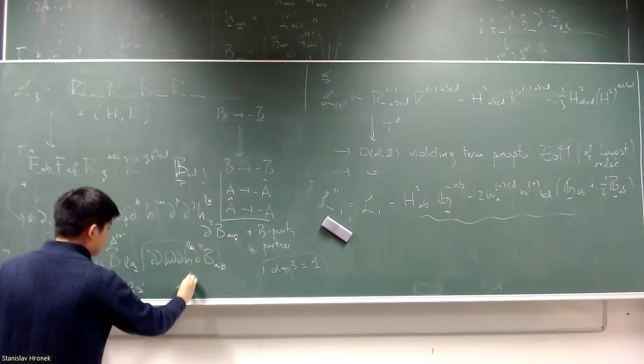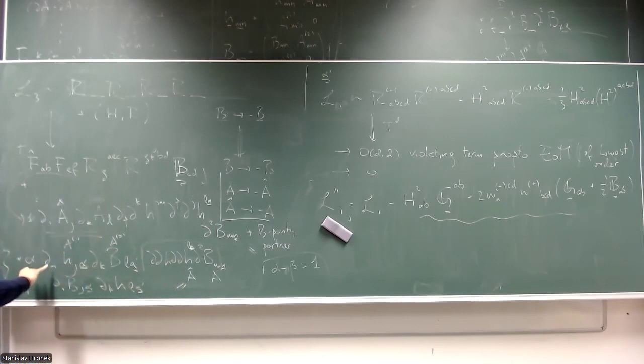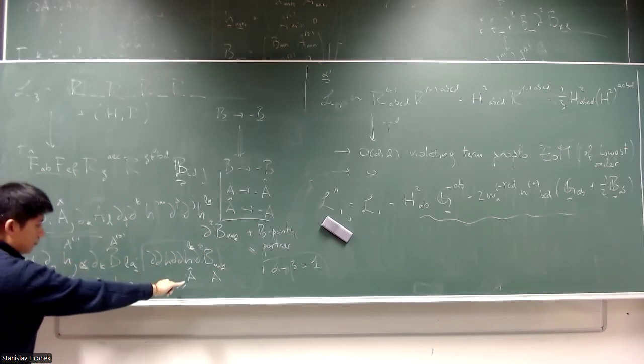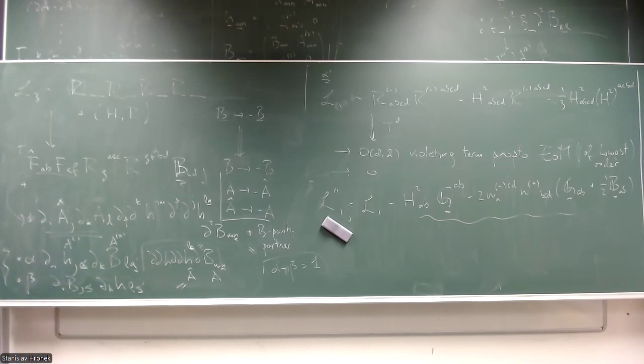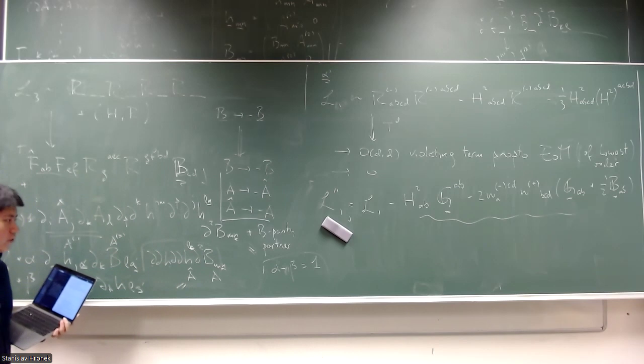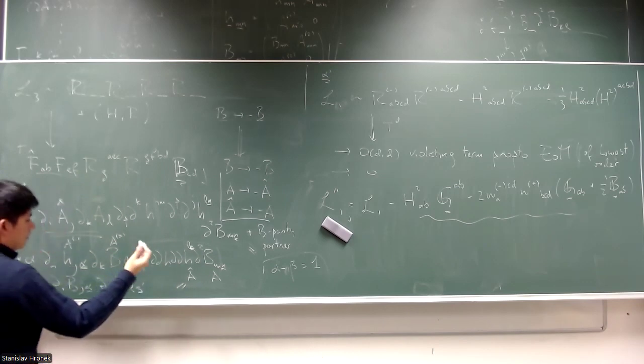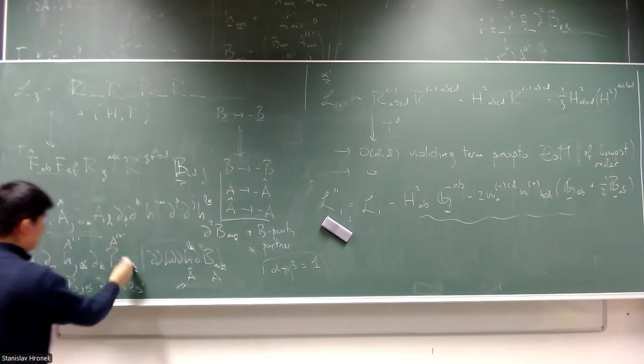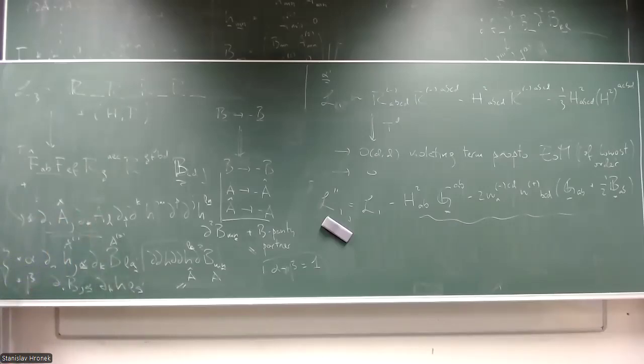This will give me some A hat A, some partial H, partial B, and so on, an A hat A term. So by adding the answers, I'll also generate other violating terms in general. One can do the same strategy: if I add these two terms, this one is cancelled. If we generate new terms, I'll add more answers to cancel them, and repeat.